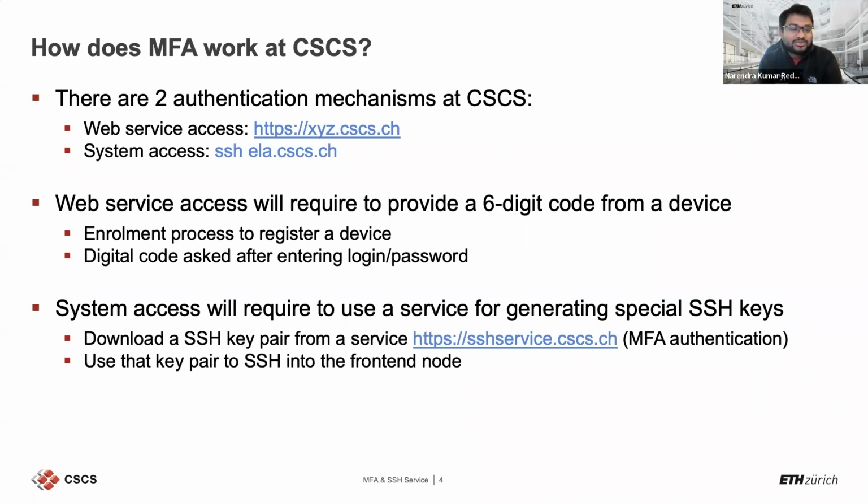One is our web applications, which are exposed to the internet, for example abc.cscs.ch, where ABC means any web app, such as accounts.cscs.ch, or our Jupyter service, or any other web application protected by our Keycloak. This is one channel for users to enter CSCS.